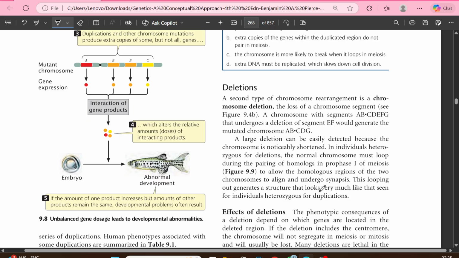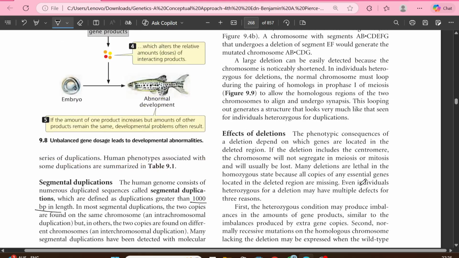So the protein which is produced will be more in amount, and this higher dosage of protein may be a problem, but not as severe as in deletions, because in deletions the whole of the gene is removed, and when the whole gene is removed, that protein cannot be formed, and this will cause many deficiency disorders. So this is your chromosomal deletions.